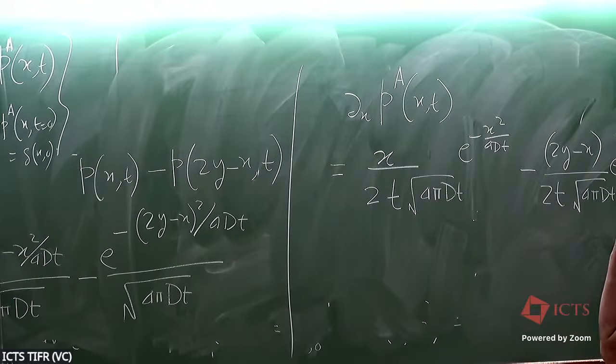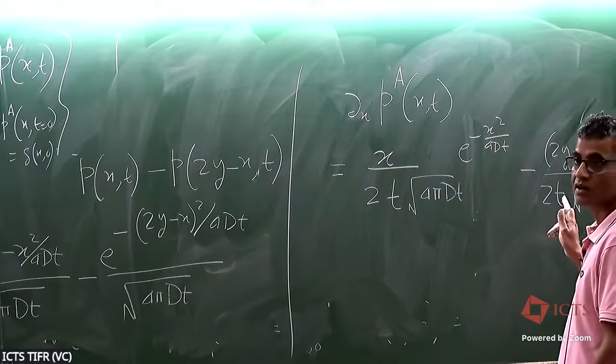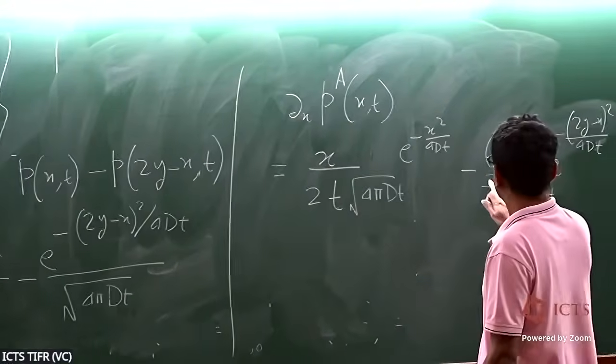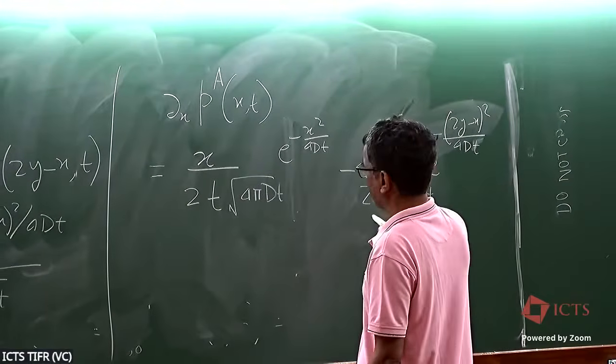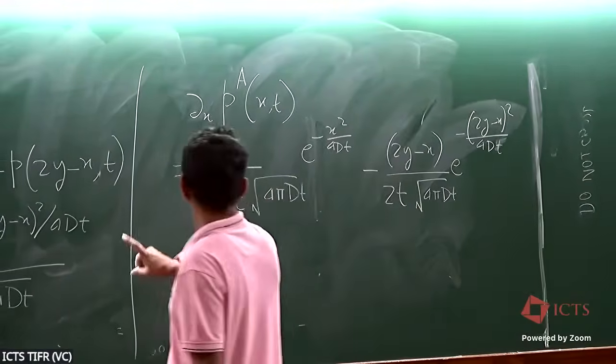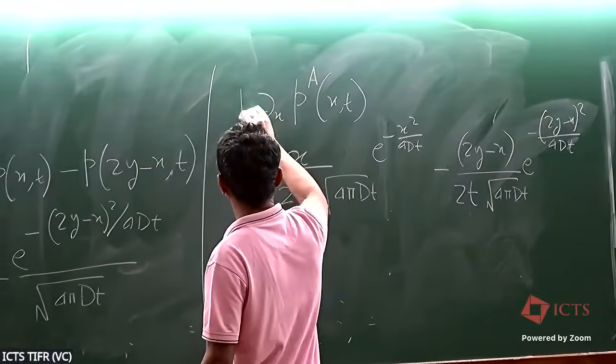Okay, is this right? 2y minus. Is this right? Okay, no, so there was a d here.